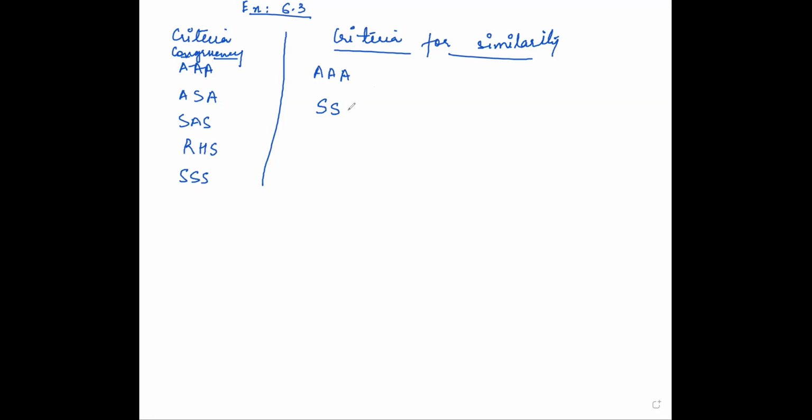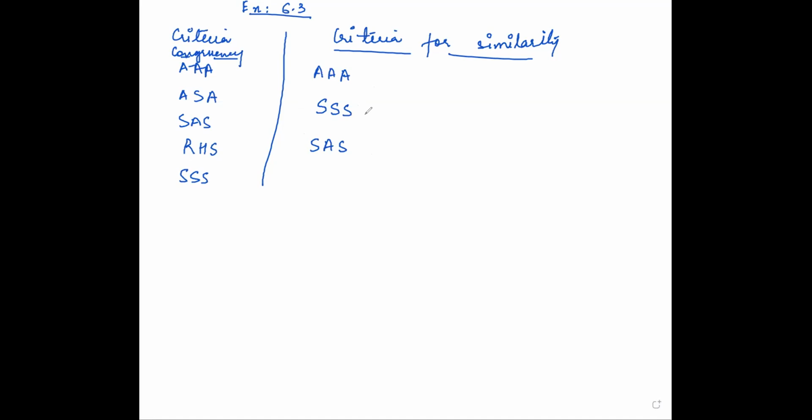Now we will also study some criteria for similarity. So we have AAA, and SSS, and one more which is SAS. Only three are there.